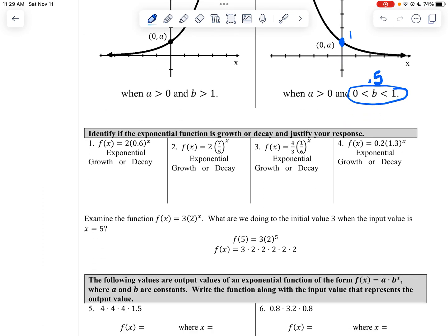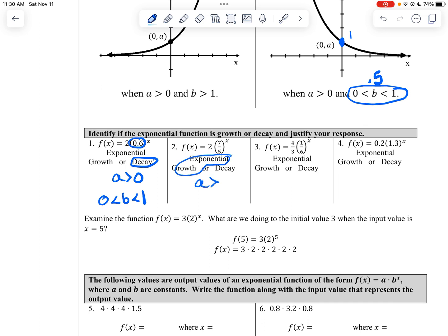So when we take a look at this, is this first one exponential growth or decay, and why? Well, 0.6, so that's going to be decay. And our reasoning why? Well, a is greater than 0, and our b value is in between 0 and 1. How about our next one? Well, 7 over 5 is growth.